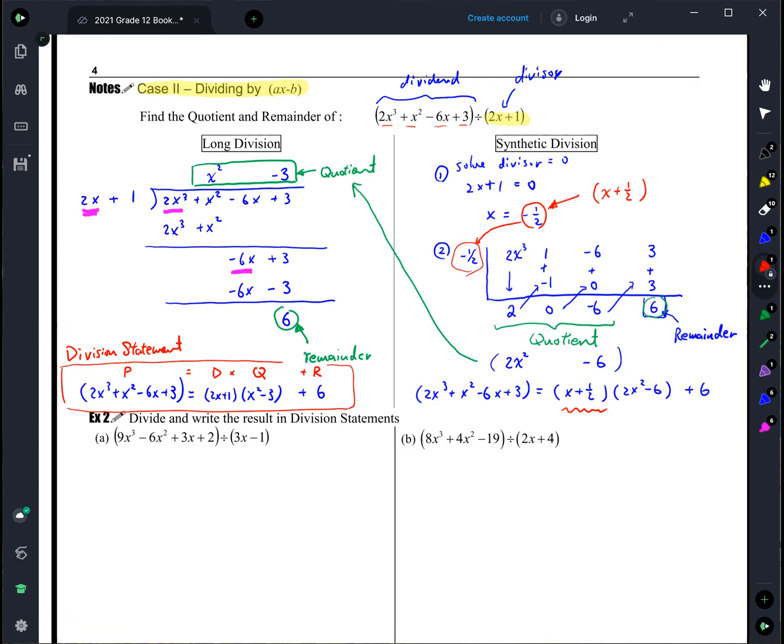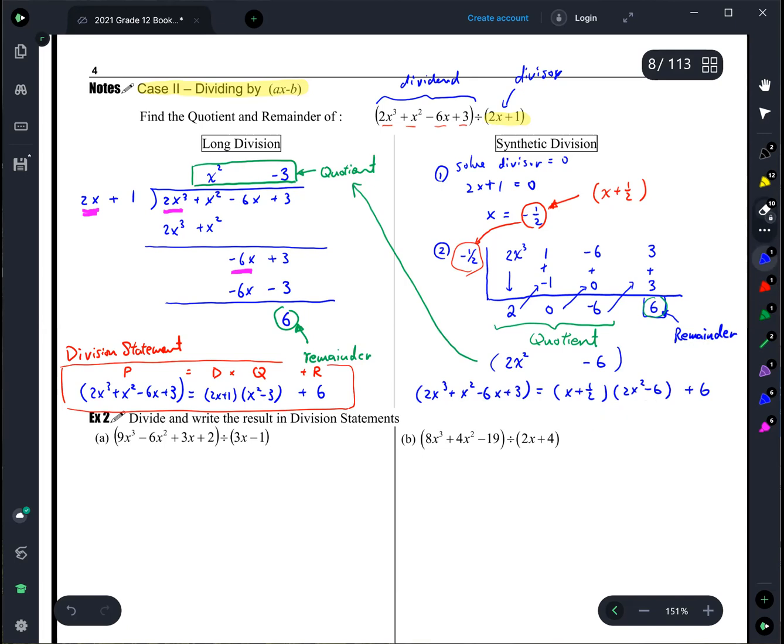So in order to match the question, we need to take a 2 out of the quotient. Okay, take the 2 out, right? If we factor the 2 out, or let me explain this way, okay?